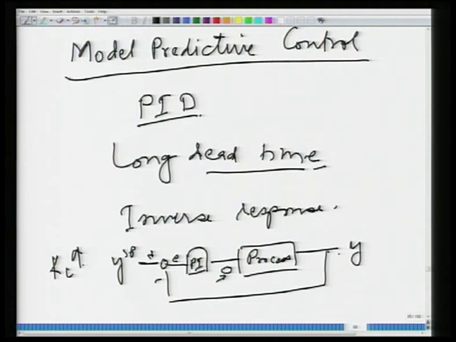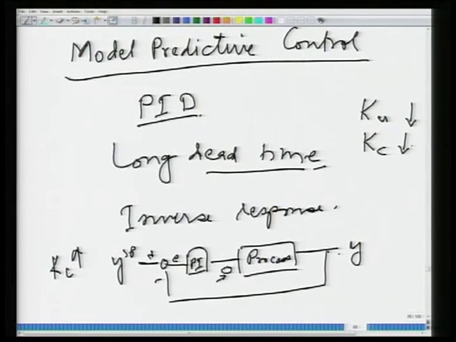If you try to increase gain to get tight control of y, what you will start getting is sustained oscillation. So, for large dead time processes, the ultimate gain is reduced because of the large dead time, and therefore the Kc that you implement in the controller also is reduced, and the closed loop response is not as fast and snappy as you would like it to be.